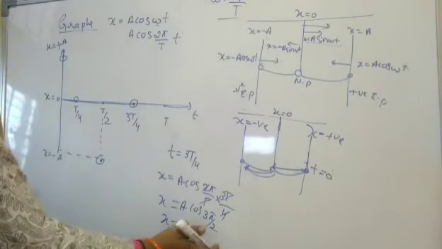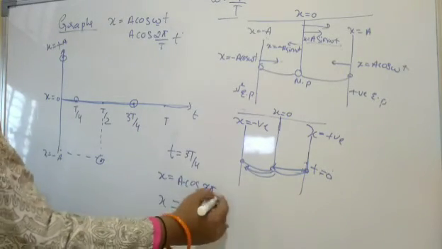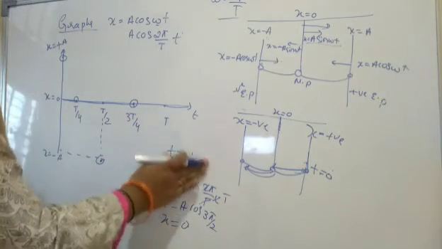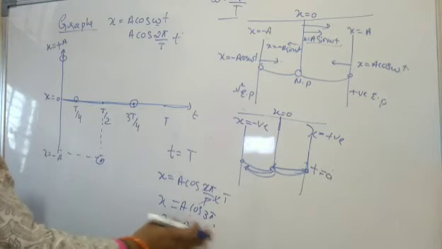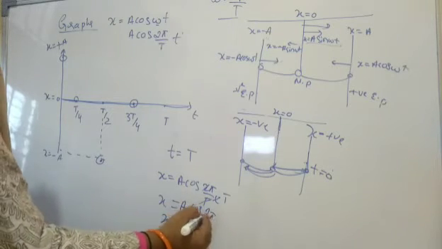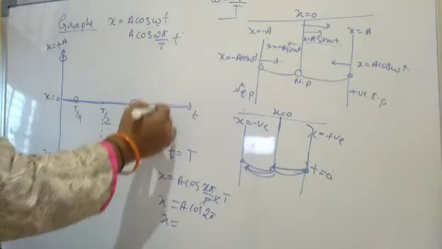Now put t here, the last part. The t gets cancelled, remains with cos 2 pi. Cos 2 pi, 360 degrees, is 1.